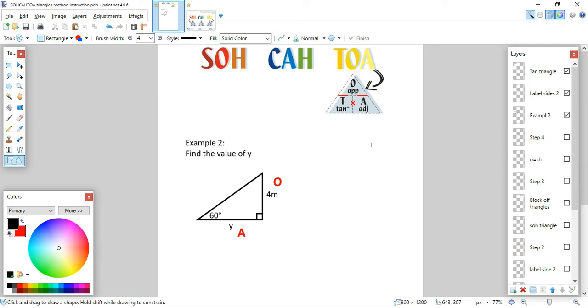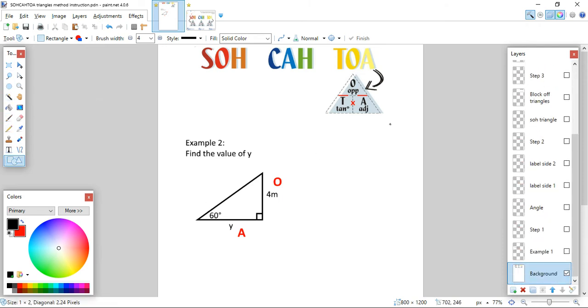Our third step is to write the appropriate equation by covering up the letter that we're trying to find. So in this case, we're trying to find the adjacent side.